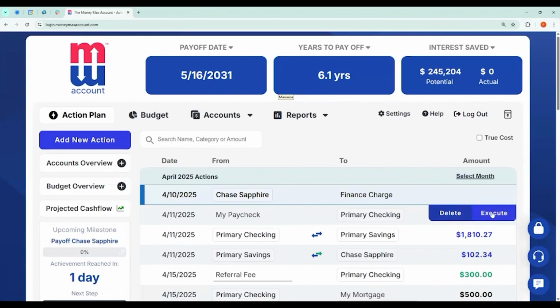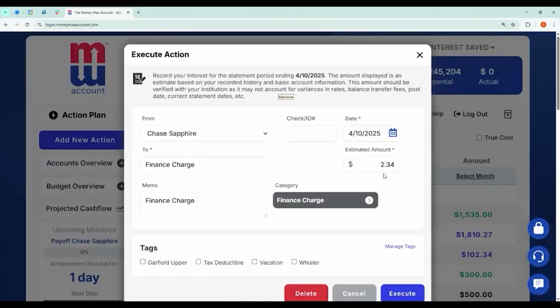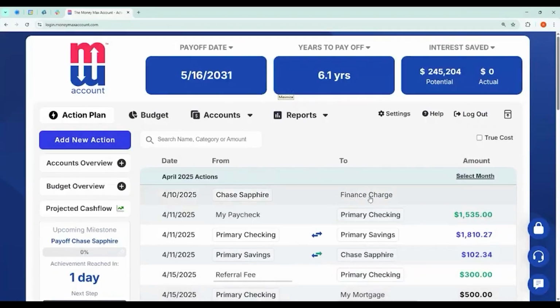Like this Sapphire card, if I look in here, it thinks that the interest is going to be about $2.34. Now, if it was a different number, you just put whatever that number is. If it wasn't 234, it was 233, and then just execute. So whenever I see the line that says finance charge, I'm going to go ahead and look that credit card up. I'm expecting that that thing closed.